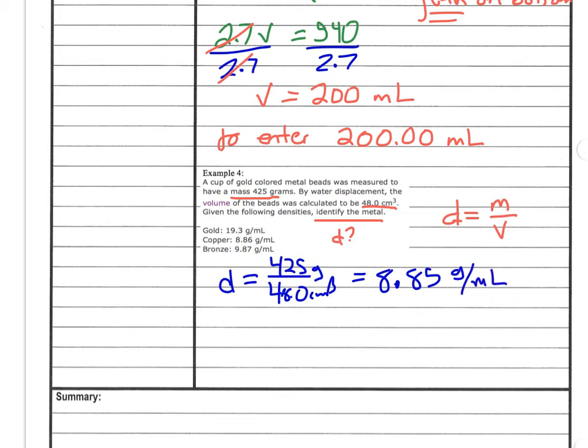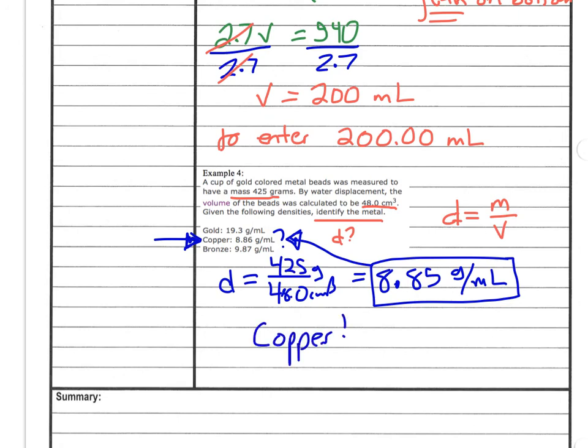That doesn't actually answer the question, because it says to identify the metal. So this is the density. Which one does that match? If you picked copper, you would be right, because copper is the closest value to what I have. It's not exactly 8.86, but it is the closest, so this must be copper.